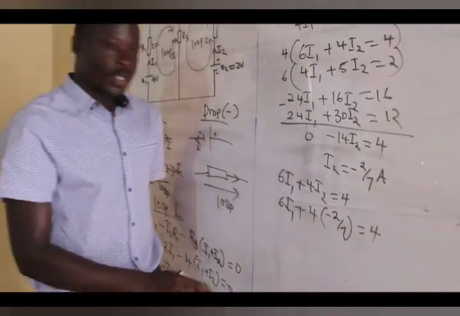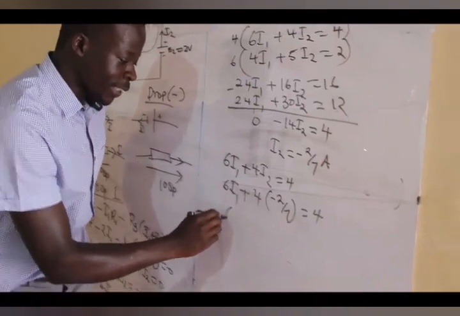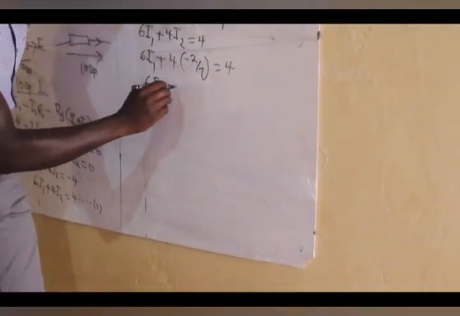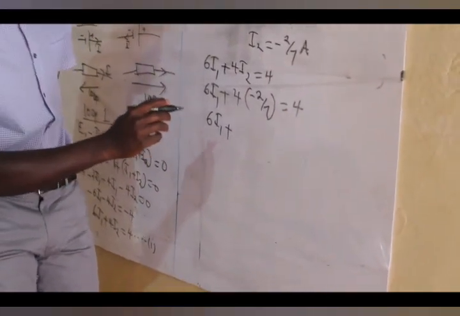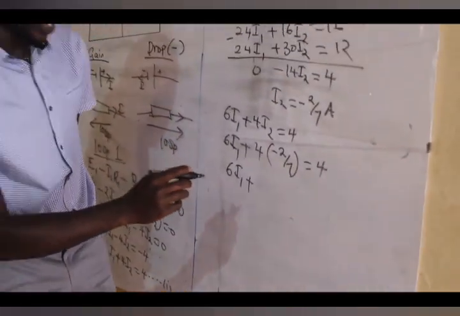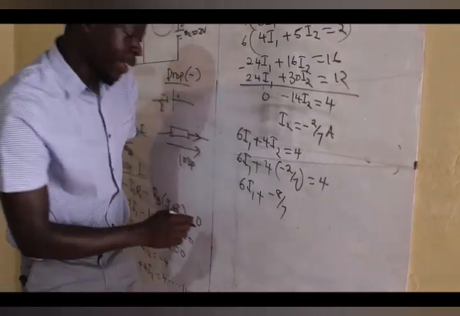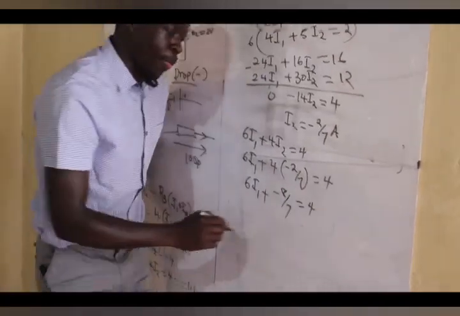In that case, you'll have 6I1 plus negative 8 over 7 equal to 4.